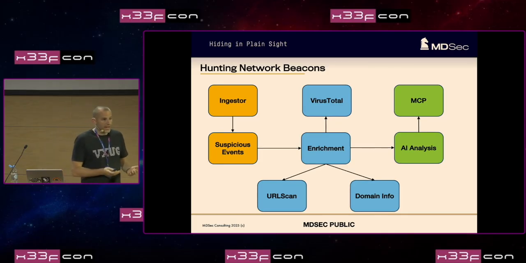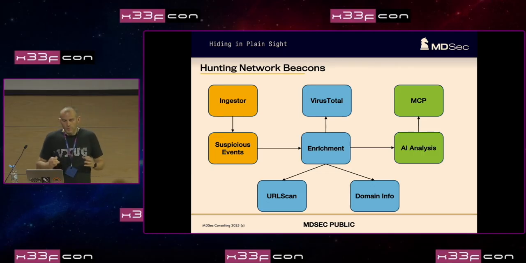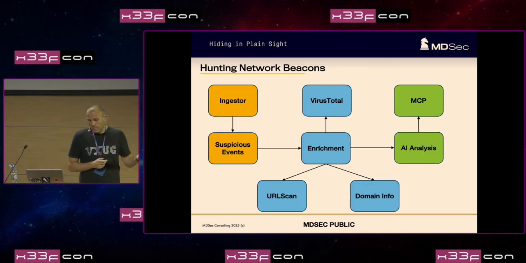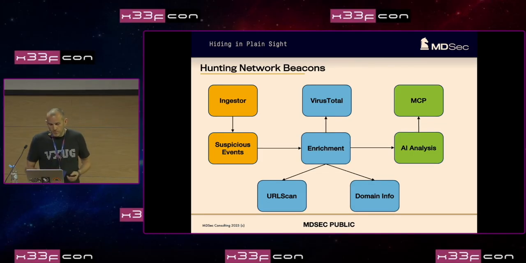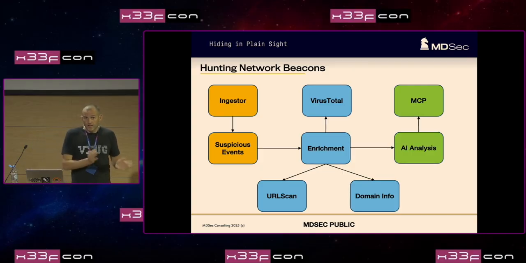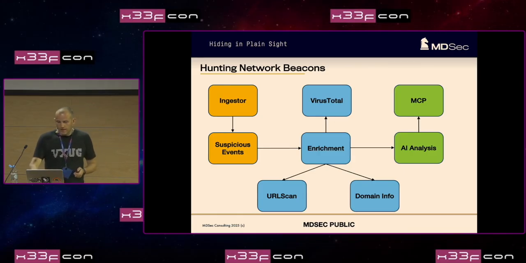Once I got the data and the telemetry and all the proxy logs, I needed to narrow it down and look for things that were suspicious. So I built what I call the suspicious events detection engine. And this, as I said, basically tries to get a subset of the proxy logs that I think might be more interesting to look at.